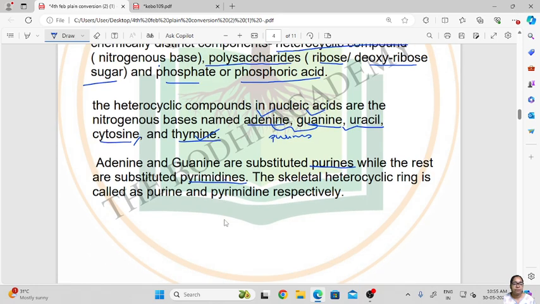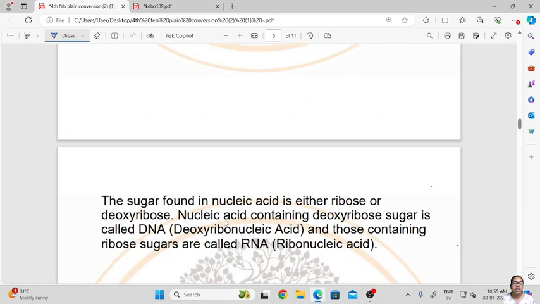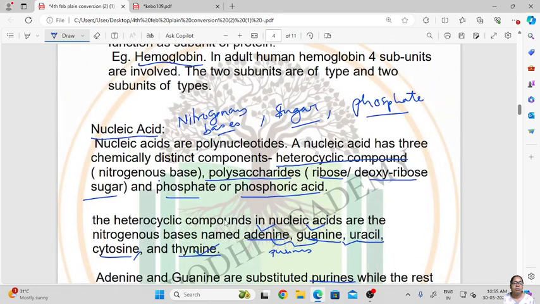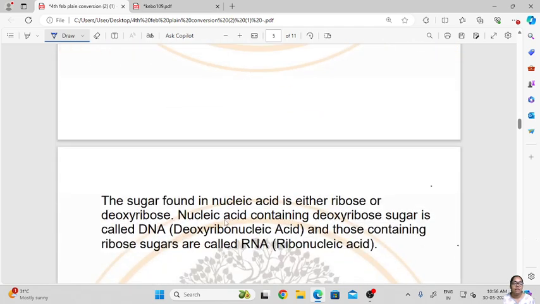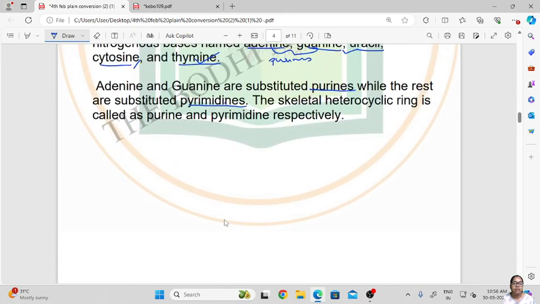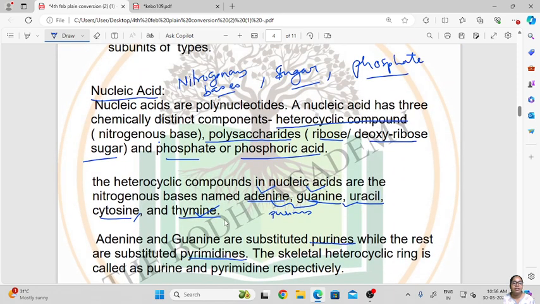Then the other part, it is the sugar. Okay, so the second component is the sugar part.